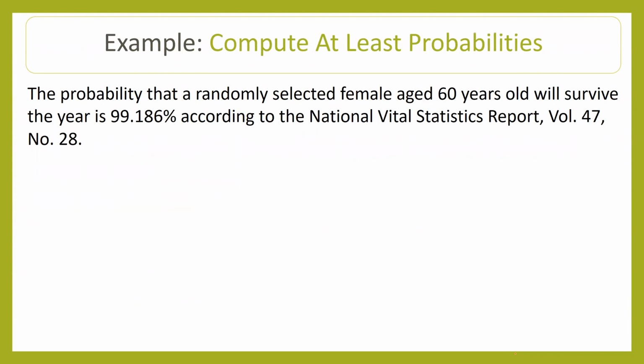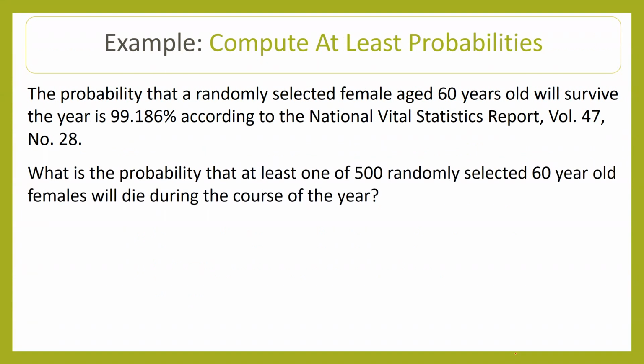Another very quick example, the same question. Now we are asking, what is the probability that at least 1 of 500 randomly selected 60-year-old females will die during the course of the year? Okay, at least 1 of the 500. At least 1 dies means 1 minus none die.